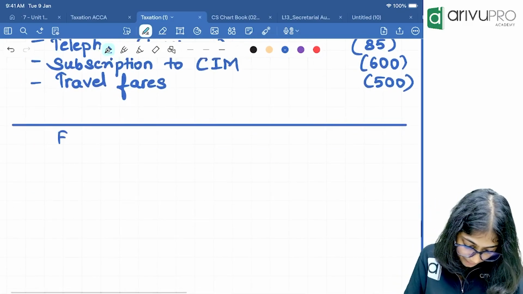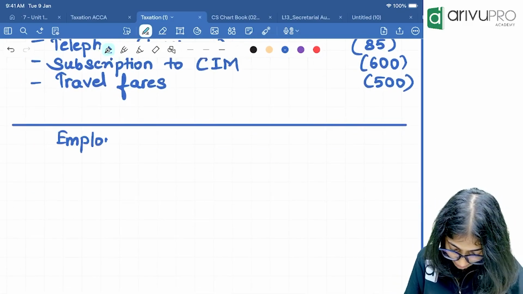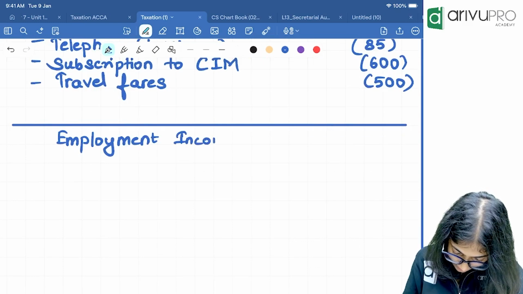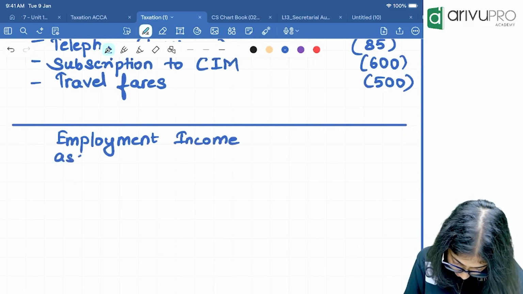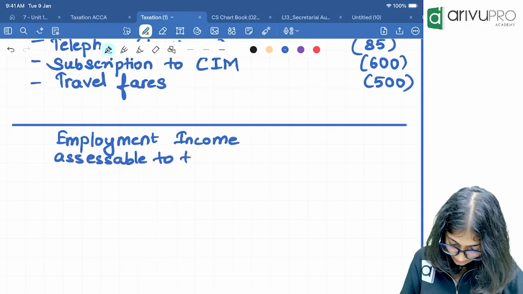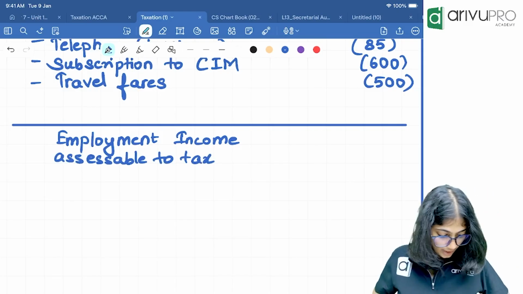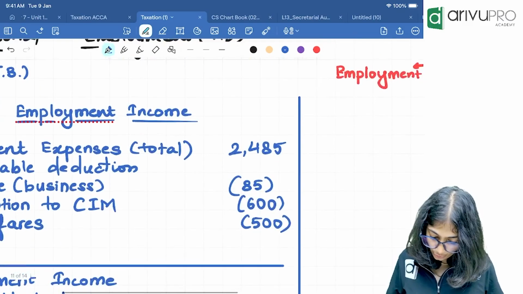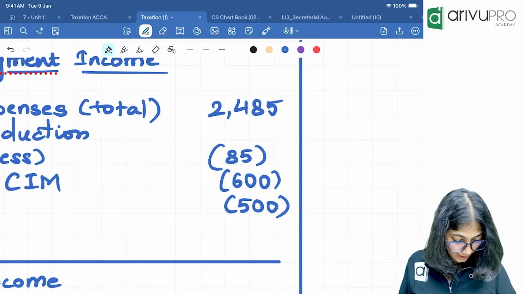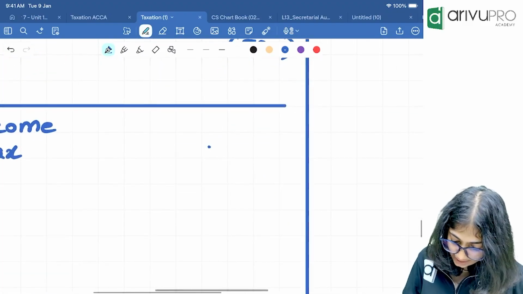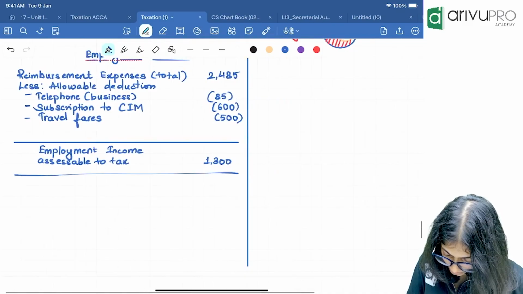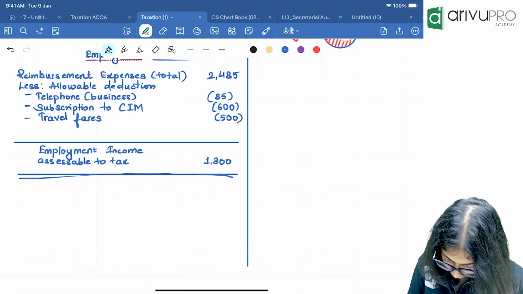Employment income, the taxable benefit, employment income, assessable to tax. What are you going to do? 2485. You're going to subtract 85 pounds. You're going to subtract 100 pounds. Out of this, 1300 pounds is going to be assessable to tax.